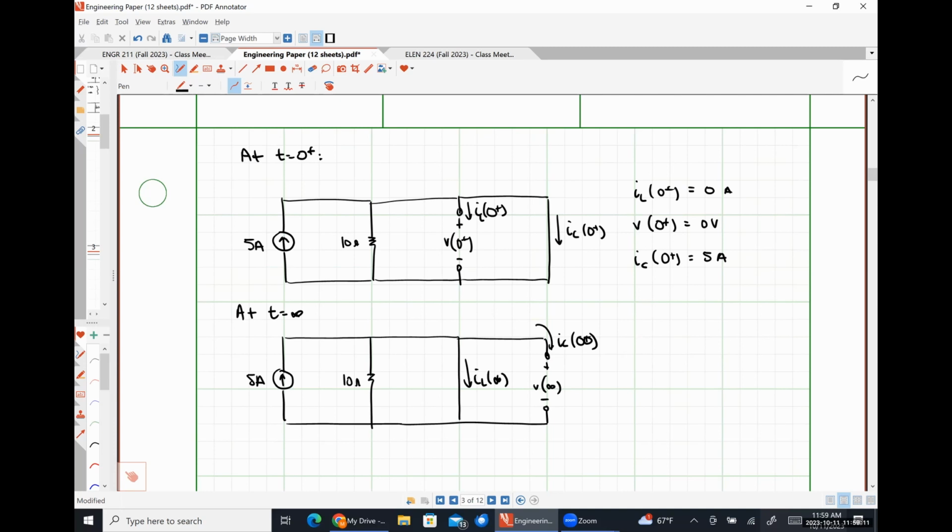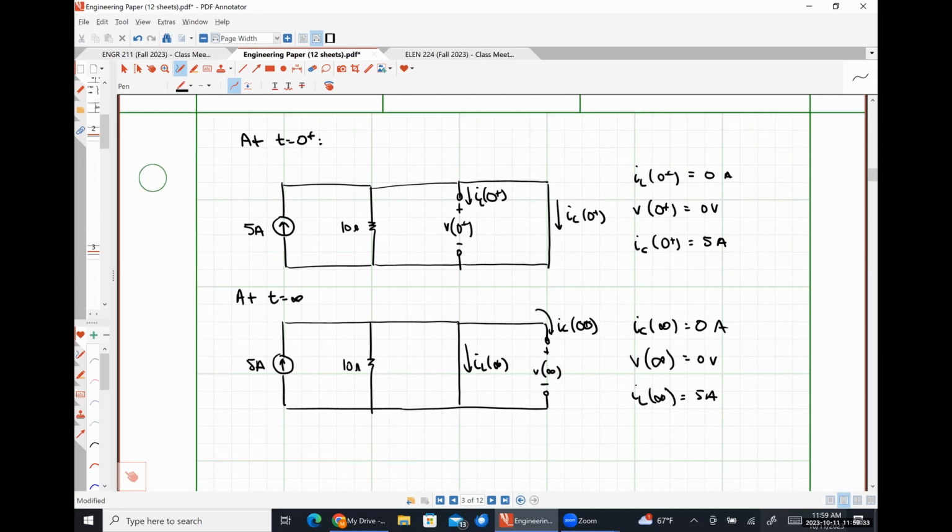By inspection, we know that IC at infinity is 0 amps. V at infinity is 0 volts. IL at infinity is 5 amps.